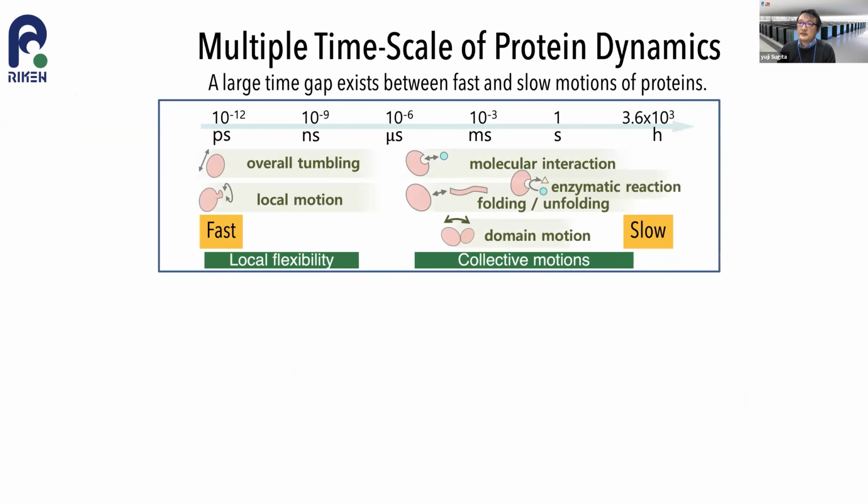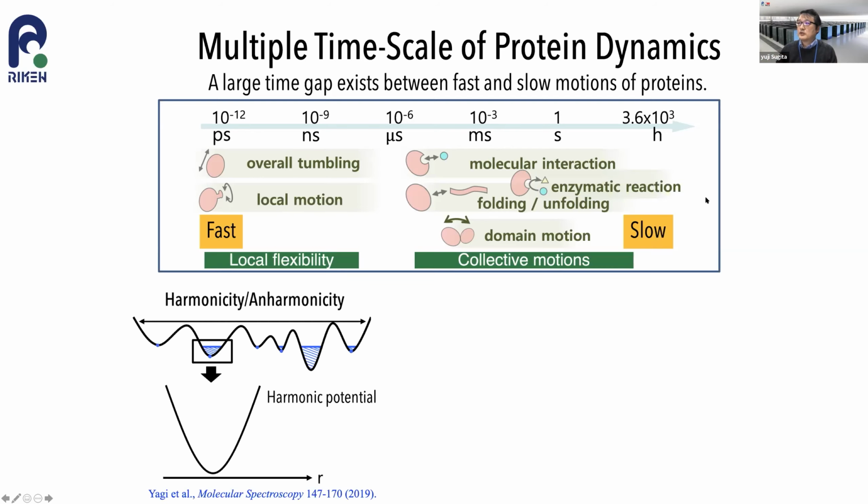Also, the difficulty for MD simulation is the very large time gap between various motions of proteins. You can see from this figure the very quick motions, picosecond vibrations, and also very slow motions involving not only one protein but also many other proteins, such as folding, unfolding, or protein-protein interaction, which take a lot of time.